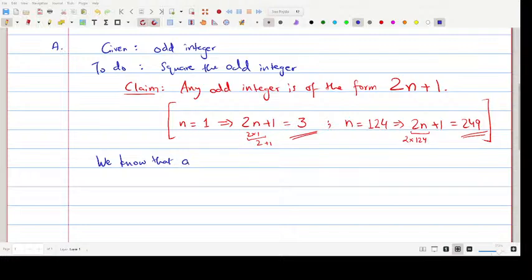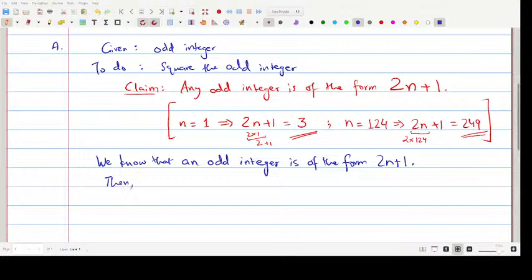We know that an odd integer is of the form 2n plus 1.